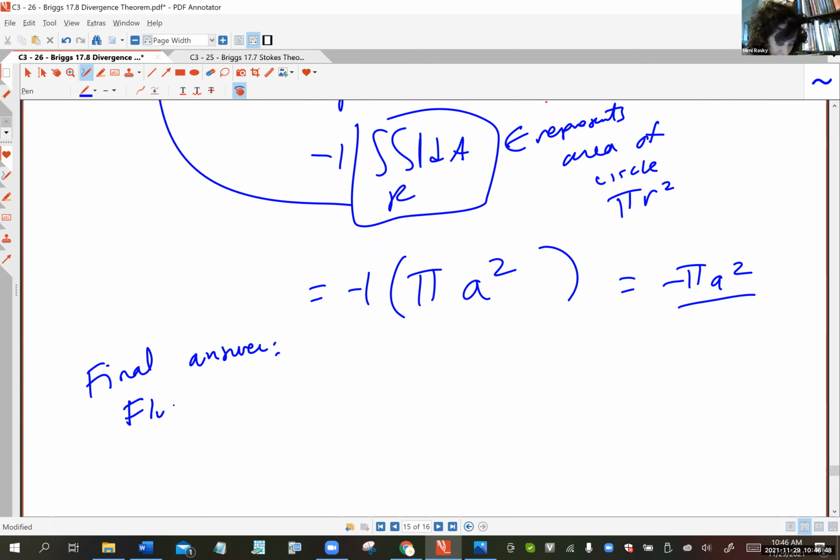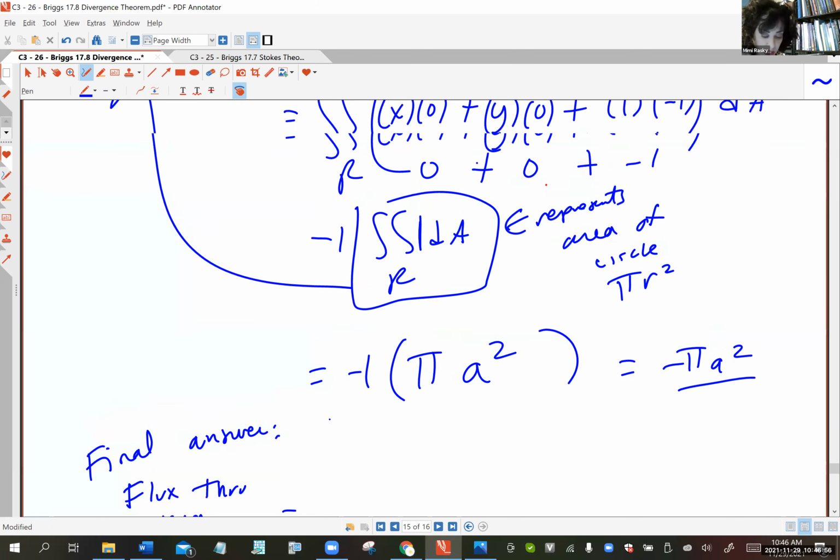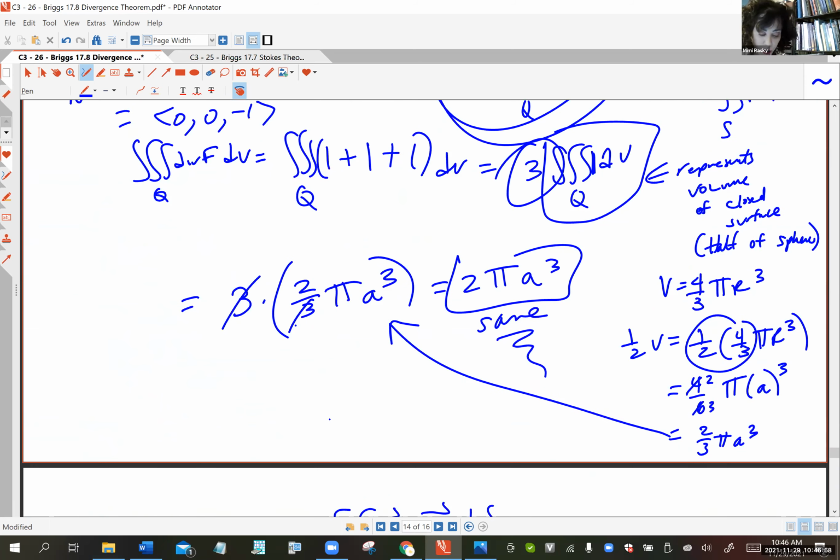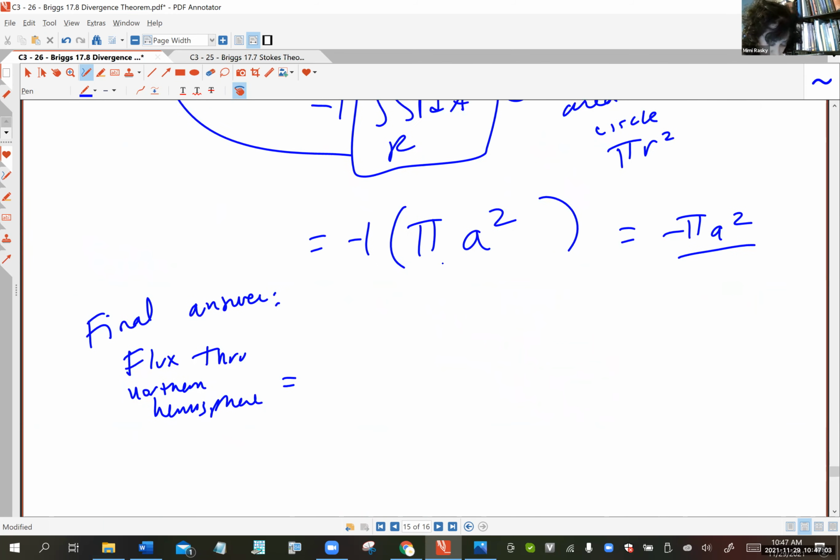So the flux through the northern hemisphere only is going to be equal to the flux if the solid were completely closed, which is 2 pi a cubed, minus, we're subtracting off the base plate.